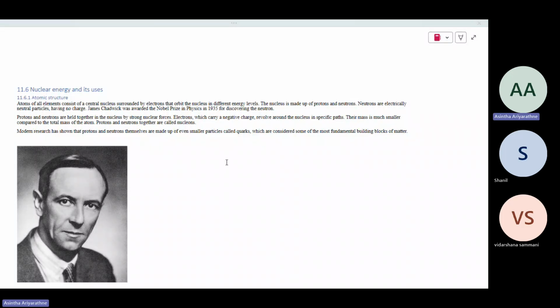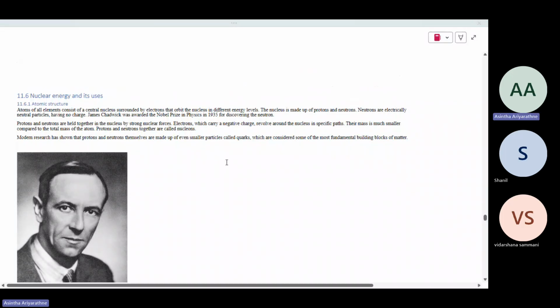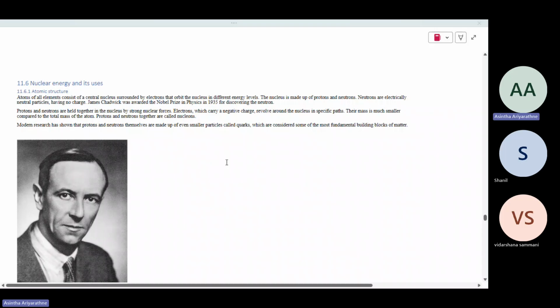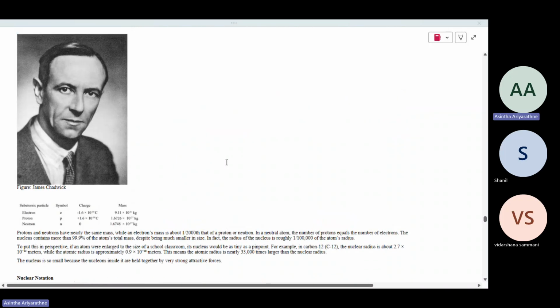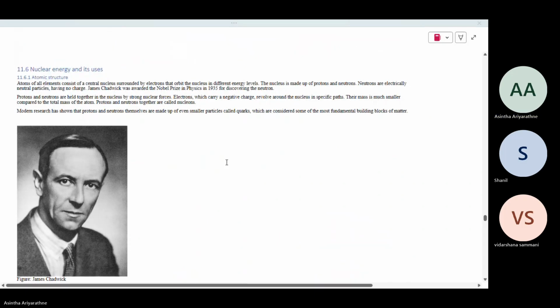So under nuclear energy, I think you already know about the atomic structure, right? So first is the atomic structure.